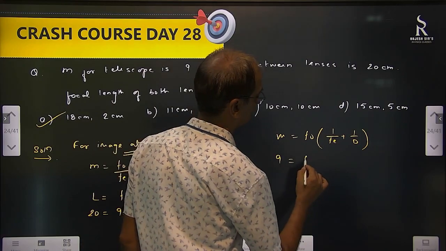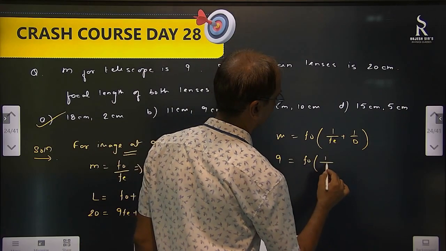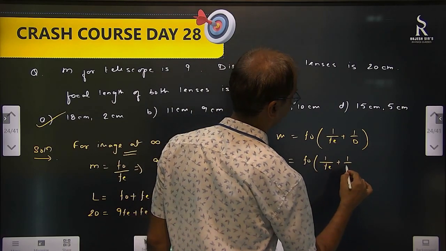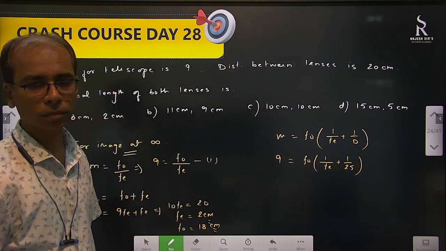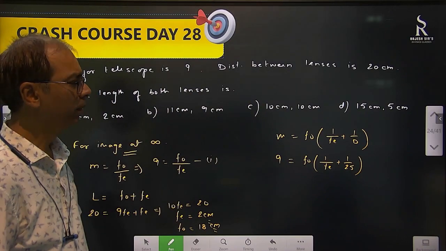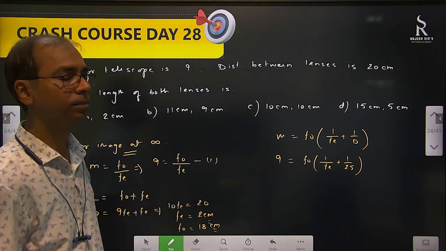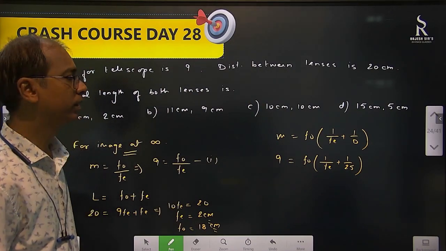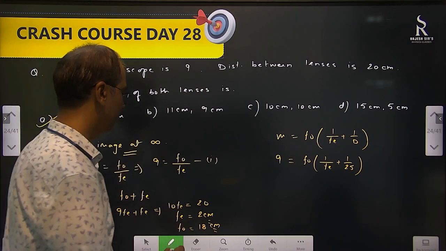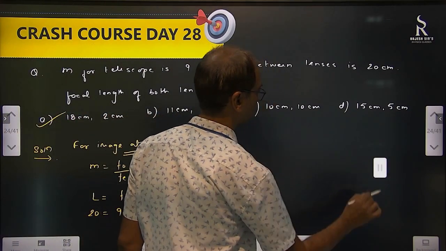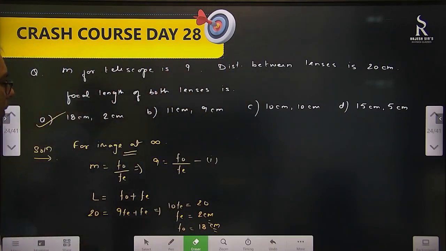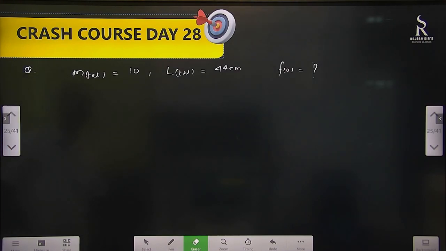No. FO into 1 by FE plus 1 by 25. It will be slightly difficult in calculation. So only the first case we can apply on this one. This case is not possible. So what we are getting? FE is 2 and FO is 18. So this one.